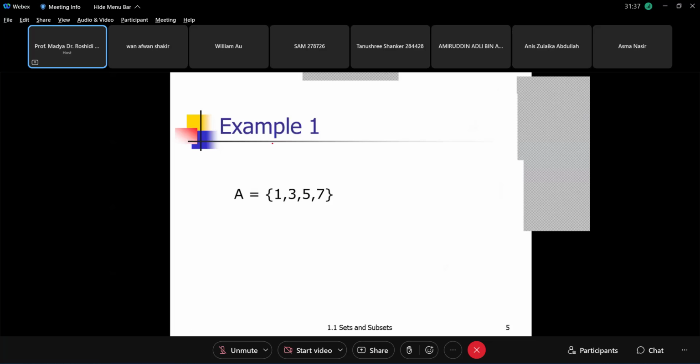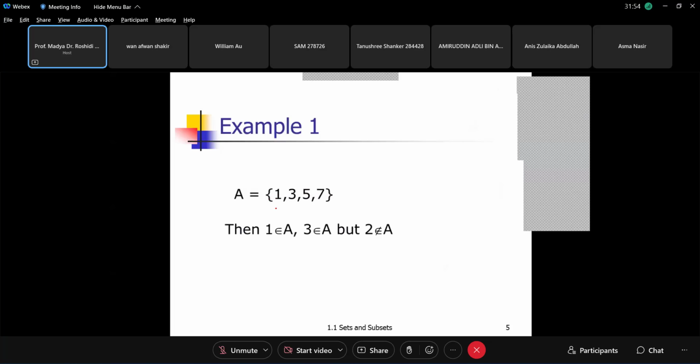Okay, given to you this example. If in any notation like this one, A equals 1, 3, 5, 7, it means we have set A, and the elements in set A are 1, 3, 5, 7.